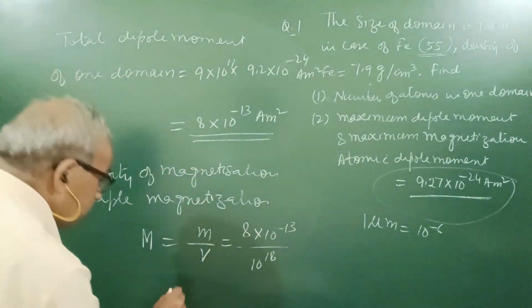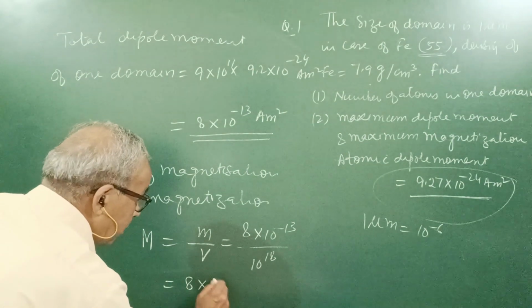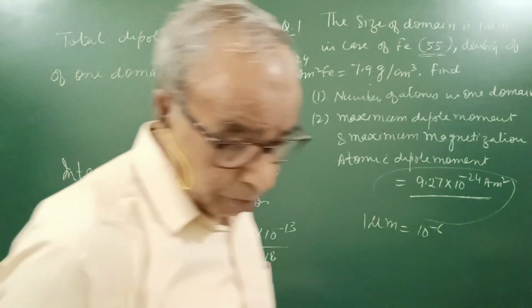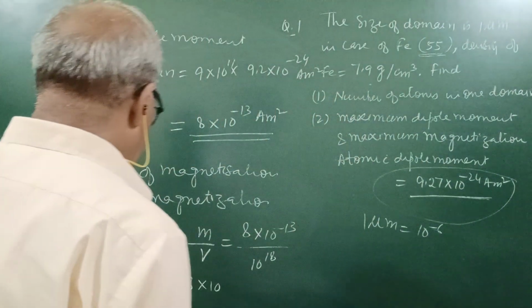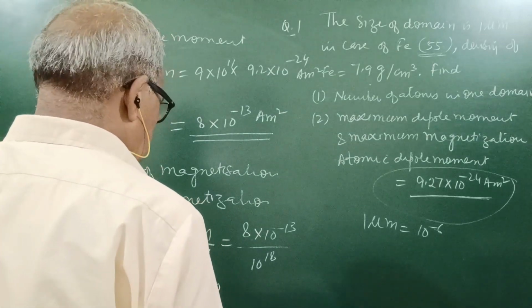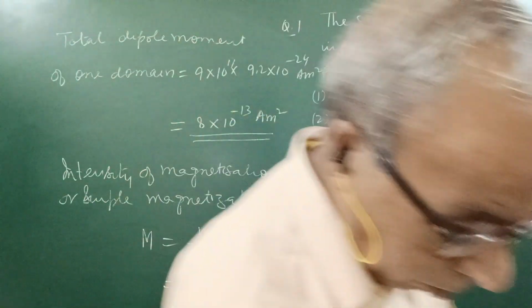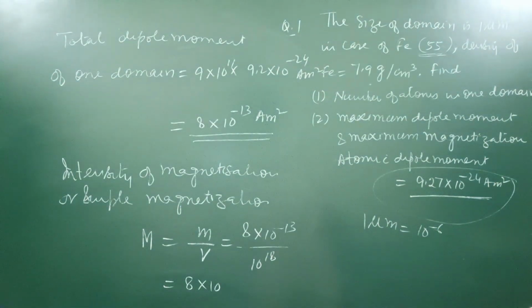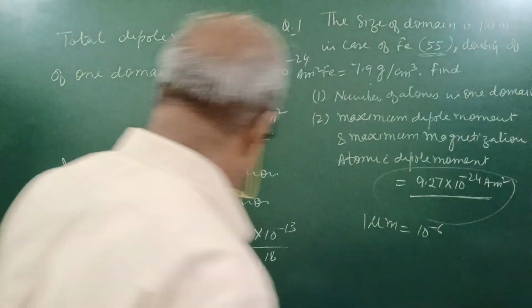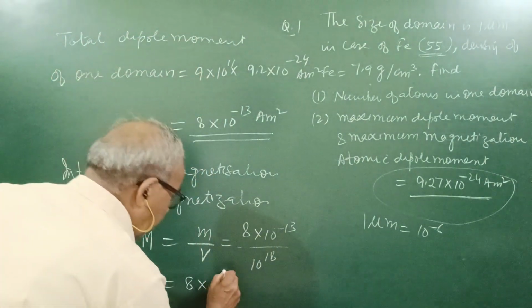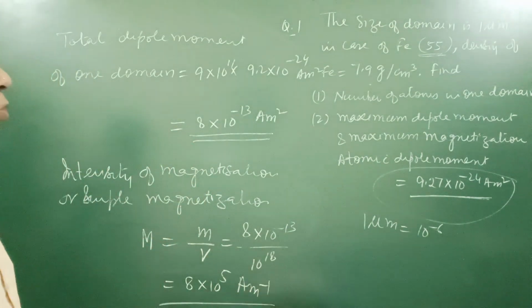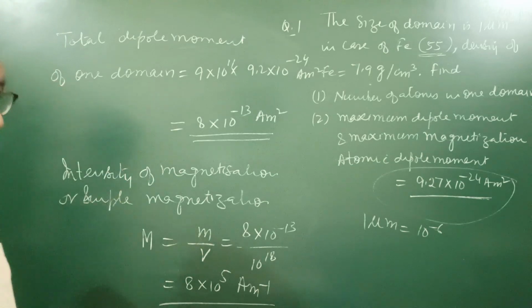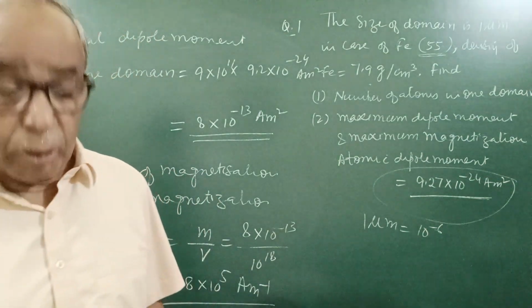If you solve this, it will be 8 times 10 to the power 5 ampere per meter. So this is the idea of how to solve the question.